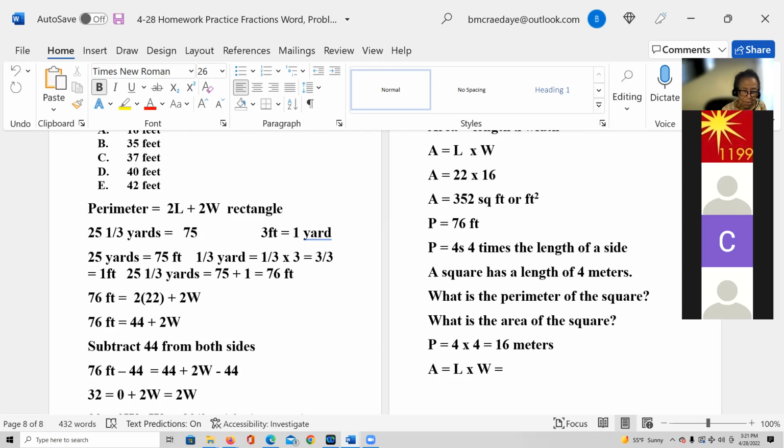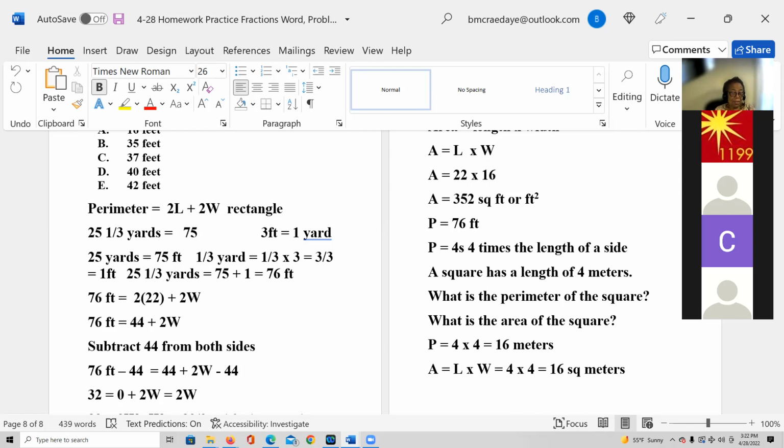What's the length of the square? No, we're talking about a square here. A square has a length of 4 meters. I gave it to you right here. So that would be 4 times 4, and that would be 16, but that would be square meters, right? Notice the difference.